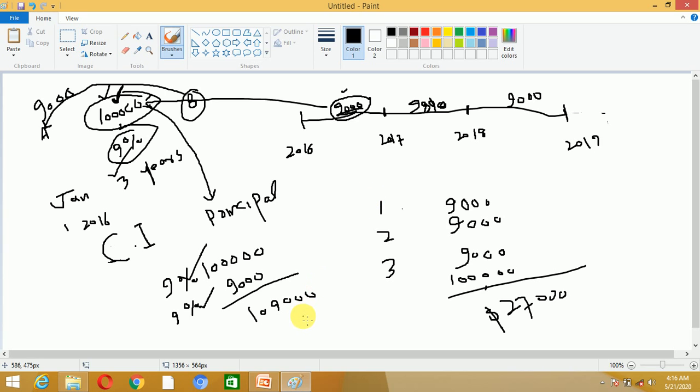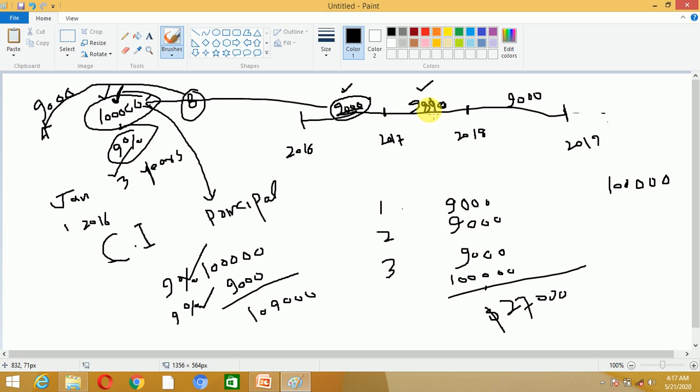Now in the third year you will receive interest on 1 lakh, plus you will receive interest on this 9,000 plus this 9,810, because this is previous interest earned.